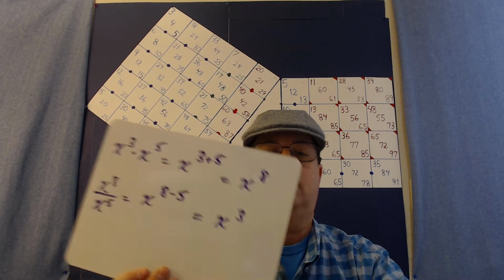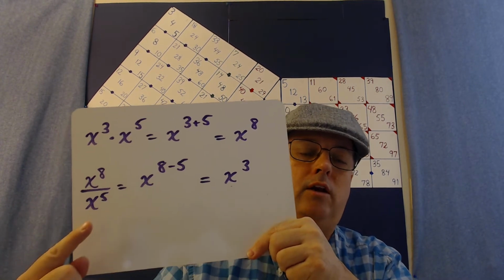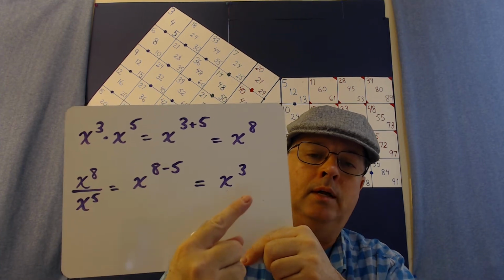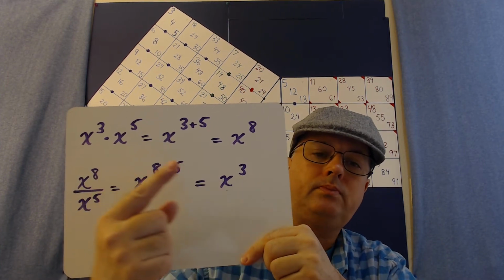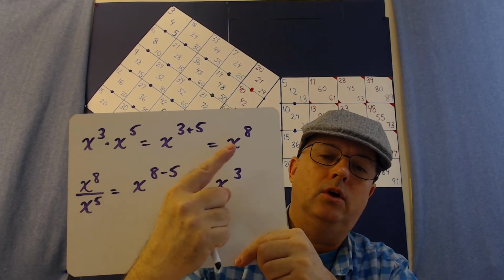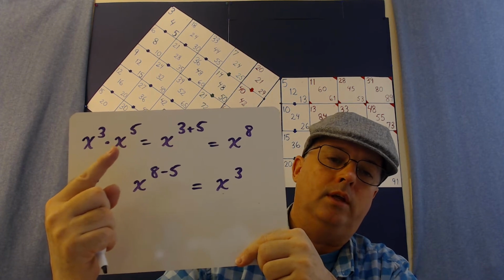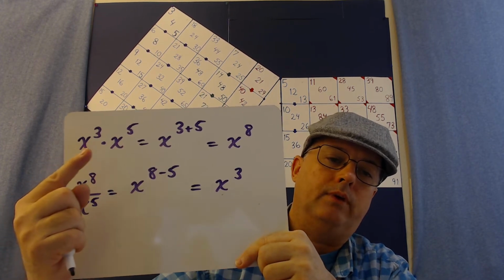And then if we have x to the 8th divided by x to the 5th, we would subtract the exponents and we would get back to x to the 3rd. That makes sense here: we take the result and we divide by one of the factors and we get the other factor.